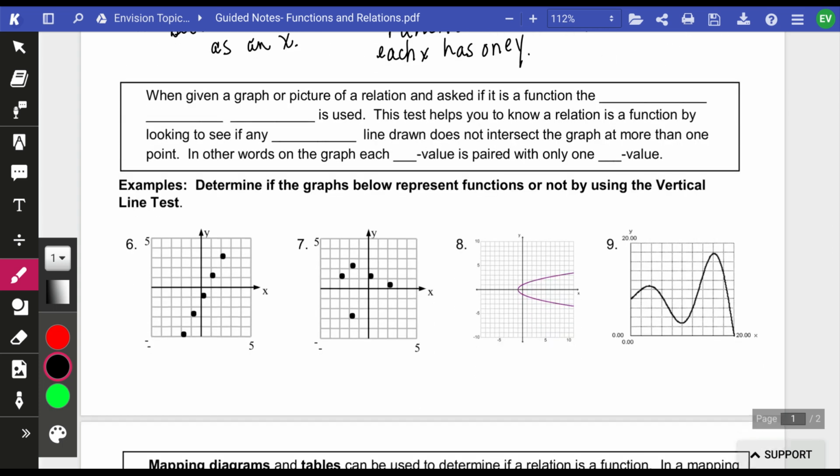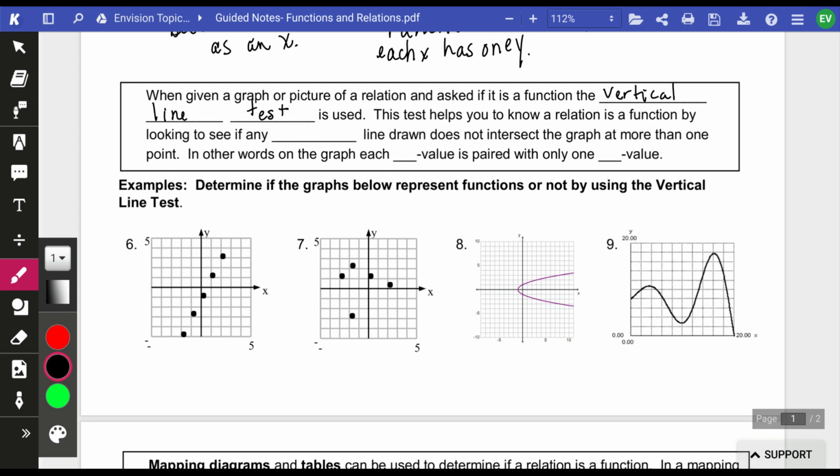The next piece: when given a graph or a picture of a relation and asked if it is a function, the test used is called the vertical line test. Remember, the vertical line is the one that goes up and down.